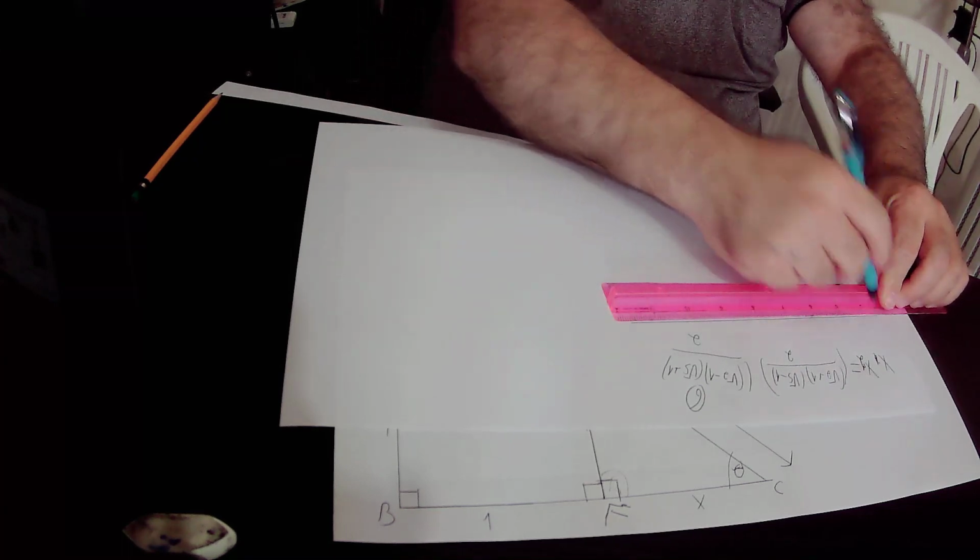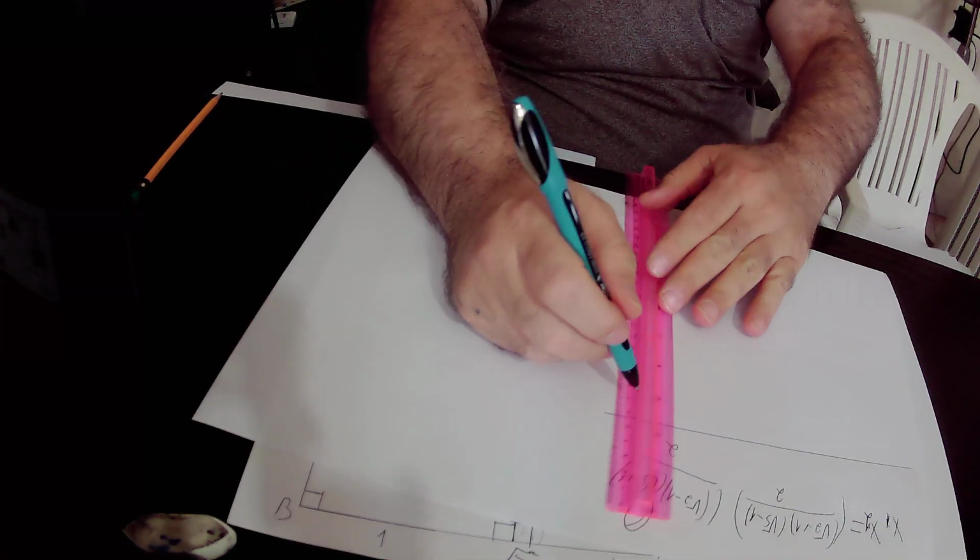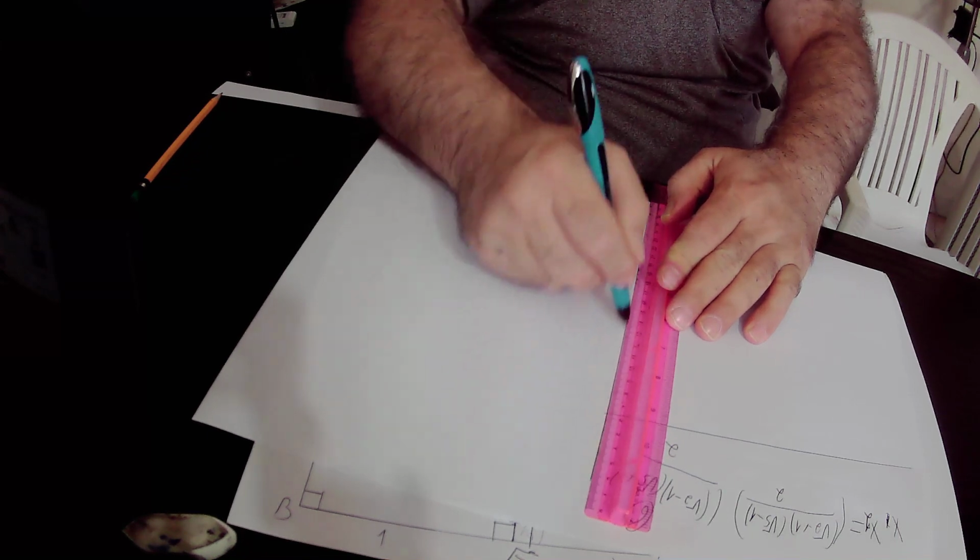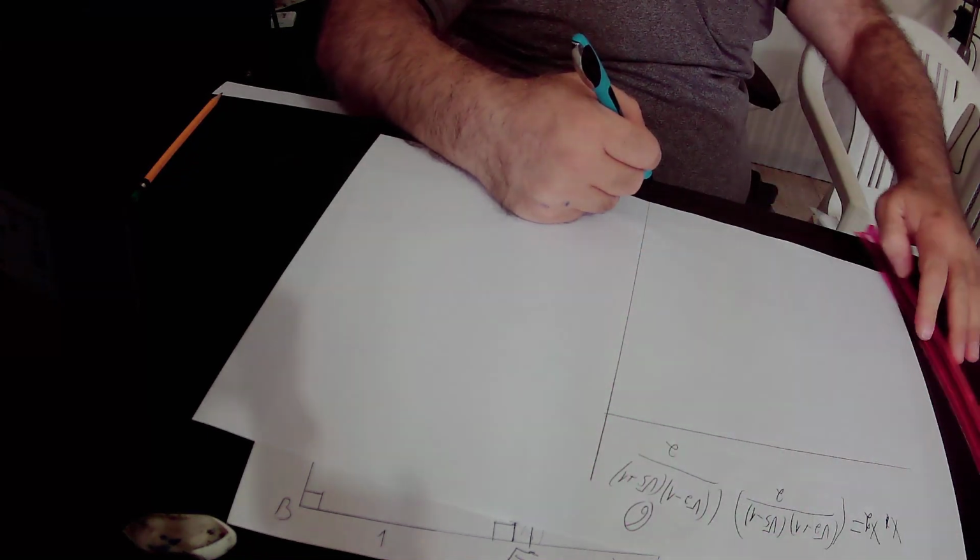So we will get that x2 times x1, that is the multiplication of the two solutions of the quadratic equation.